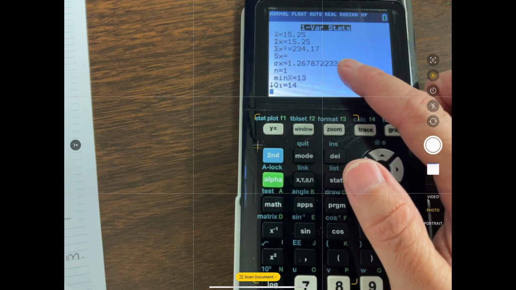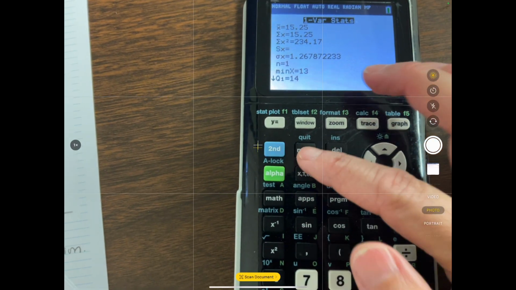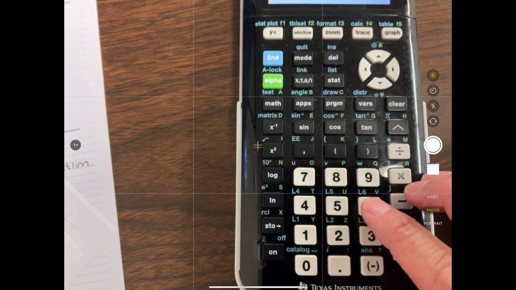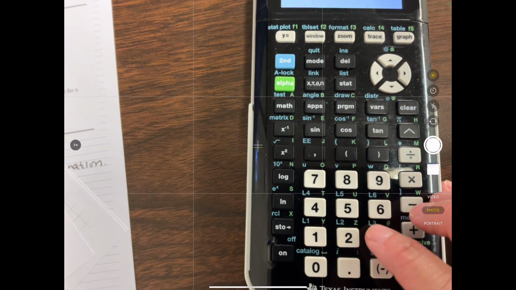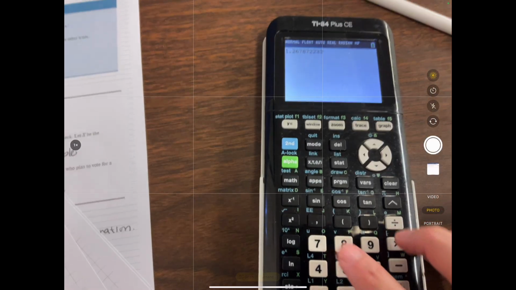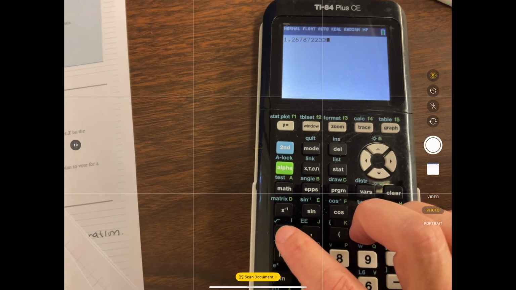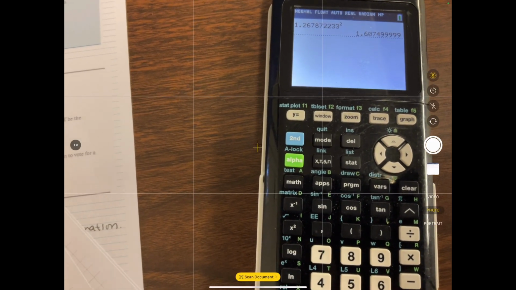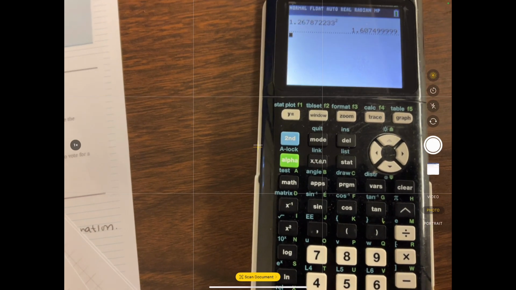Don't take the square root, do the square. So you're doing 1.268, and I think that's what I did, 72233. And then guys, use the x squared button, and you get 1.6075, and that's what you're supposed to get for your variance.